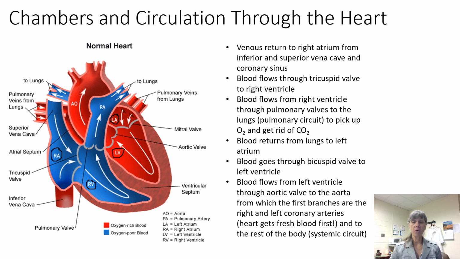Now, when blood is flowing through the body system, the systemic circuit, as oxygen and nutrients are delivered to the cells throughout the body, carbon dioxide and waste products are going to go back into that systemic circuit to come back to the heart. And so that oxygen-poor blood returns to the heart, and specifically to the right atrium, by way of the inferior vena cava.